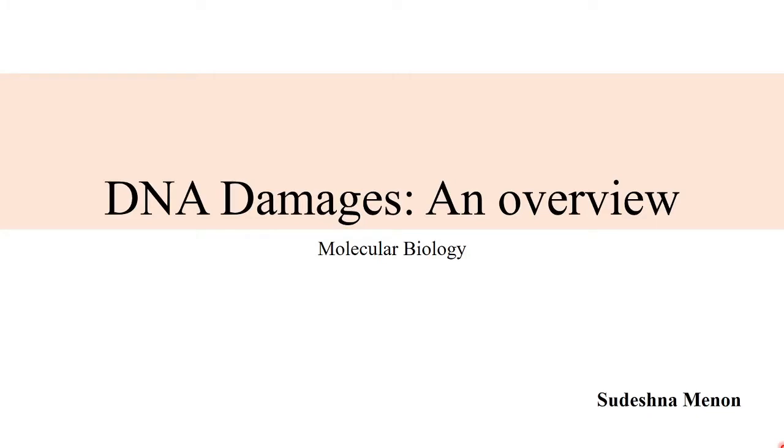DNA damages, an overview. When one thinks about DNA damages, the first thing that comes to mind is mutation. By way of definition, mutation basically is when there is an alteration of the sequence of nucleotides in a DNA, and that alteration in the sequence of DNA gives rise to an altered protein from a functional gene.